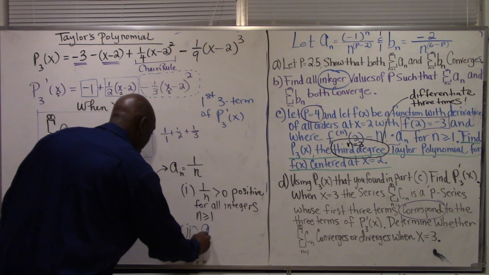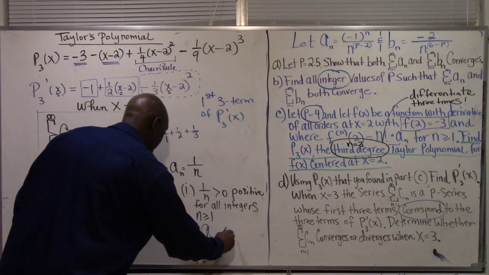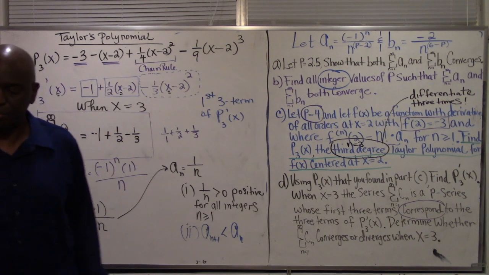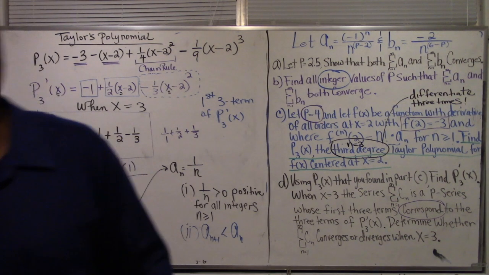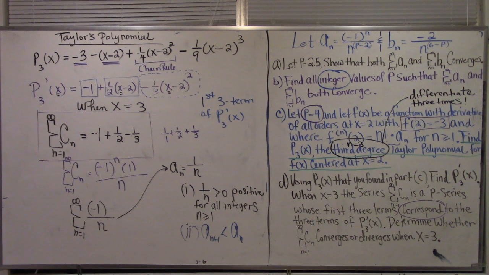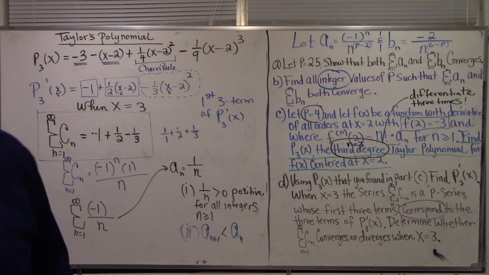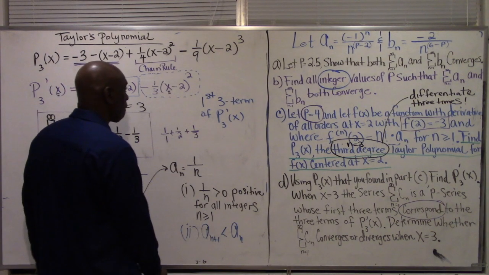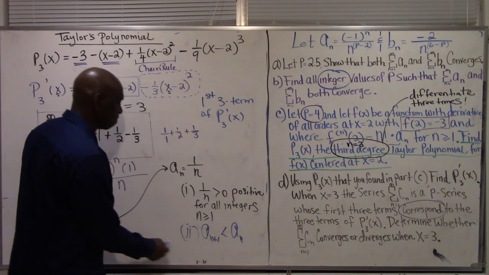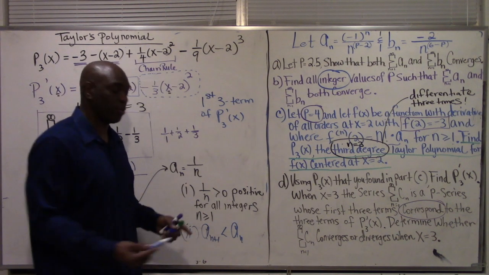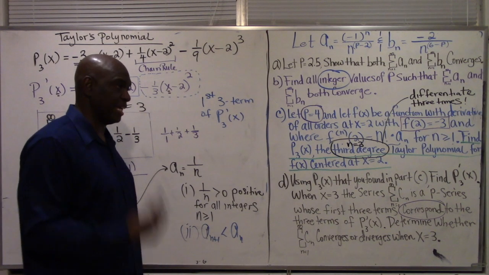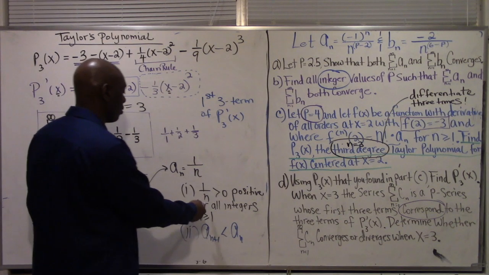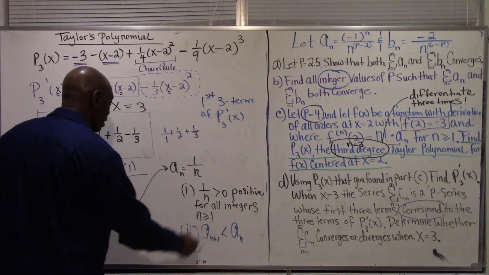Number 2 is a to the n plus 1 less than a to the n. Is it decreasing? Do we have a decrease in this case? Well, let's see. The best way to determine whether or not we're decreasing, again, take the derivative of 1 over n.